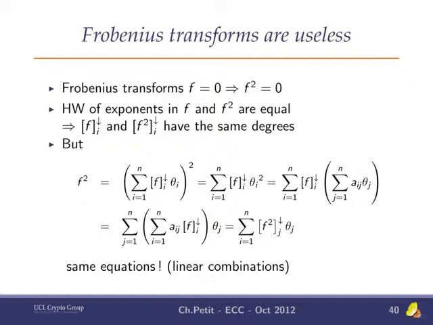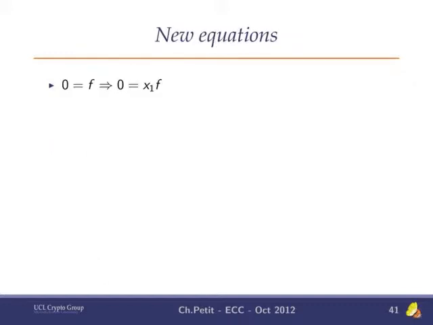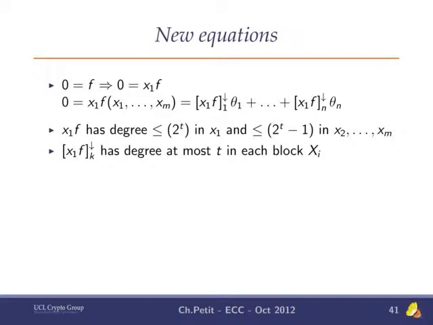Second idea: if 0 is equal to f, then, for example, x1 times f is also equal to 0, okay? So let's see what happens if you apply Weil descent to x1 times f. Here it is. This time, x1 f has degree bounded by 2^t in x1 and by 2^t minus 1 in the other variables.